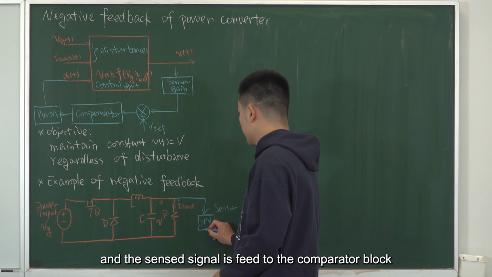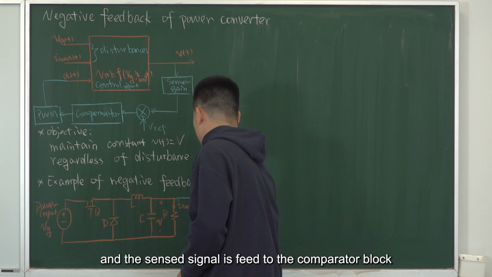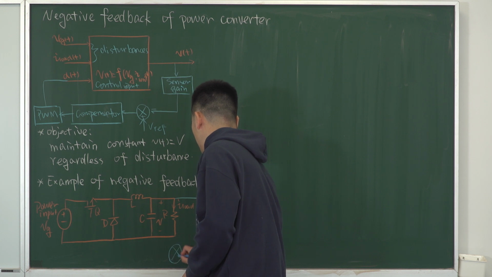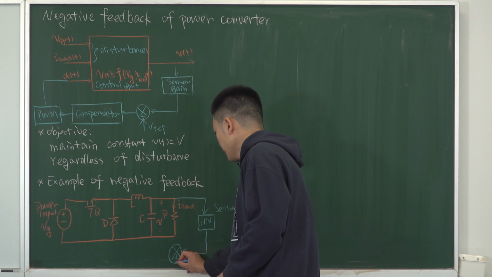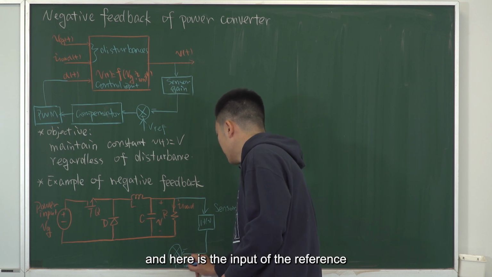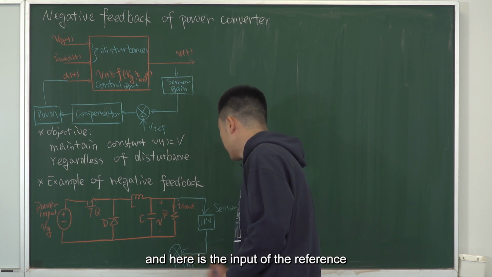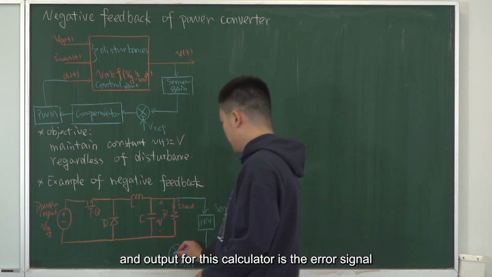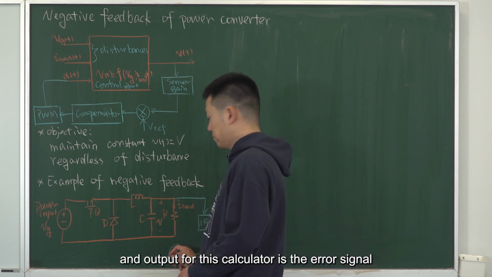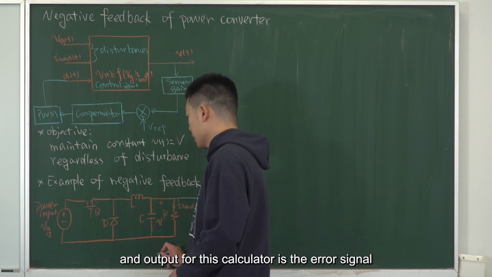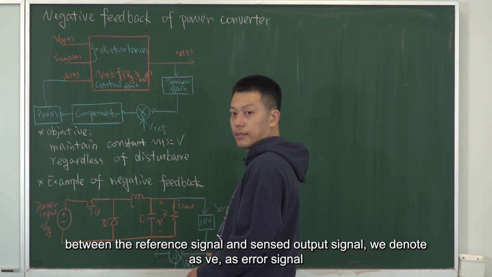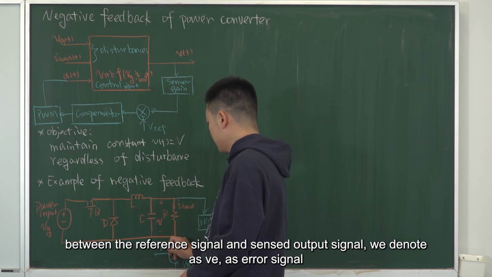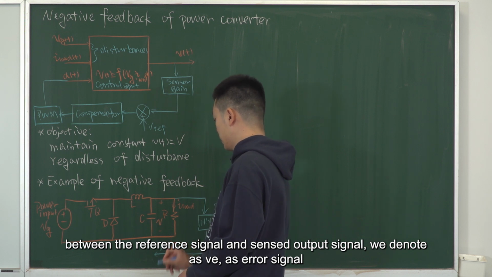And since the signal is fed to the comparator block, minus, positive. And here is the input of the reference. And the output of this comparator is the error signal between the reference signal and the sensed output signal. We denote it as Ve, the error signal.